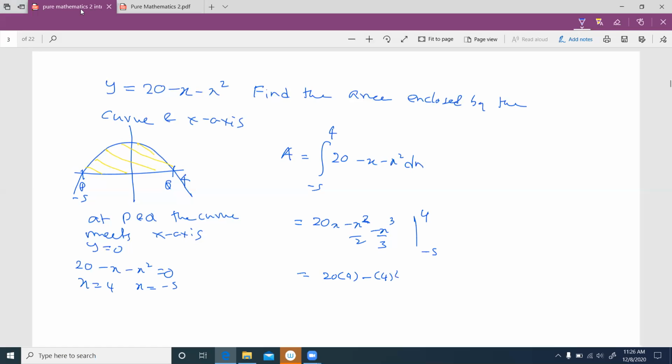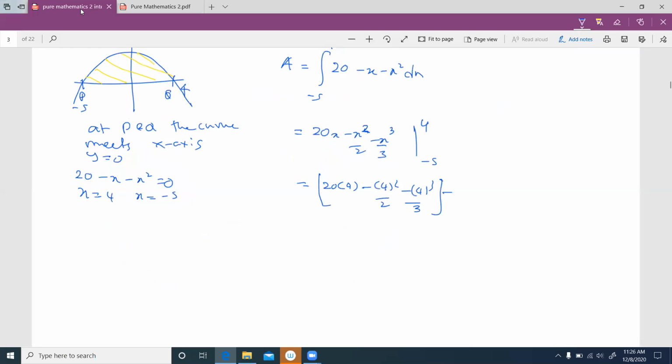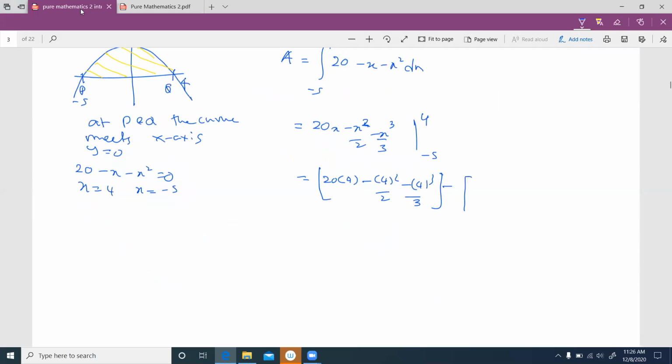Substitute 4: 4 minus 4 squared over 2 minus 4 cubed over 3, minus, and over here you put this for minus 5. When you substitute minus 5, as I mentioned, you put a bracket. Otherwise, you get a wrong answer when you use the calculator. Minus 5 cubed over 3.